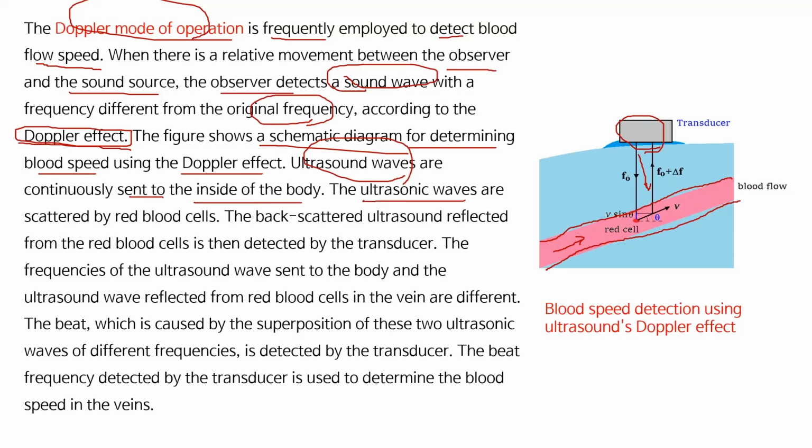The ultrasonic waves are scattered by red blood cells in the flowing blood. The backscattered ultrasound reflected from the red blood cells is then detected by the transducer. The frequencies of the ultrasound wave sent to the body and the ultrasound wave reflected from the red blood cells in the vein are different.